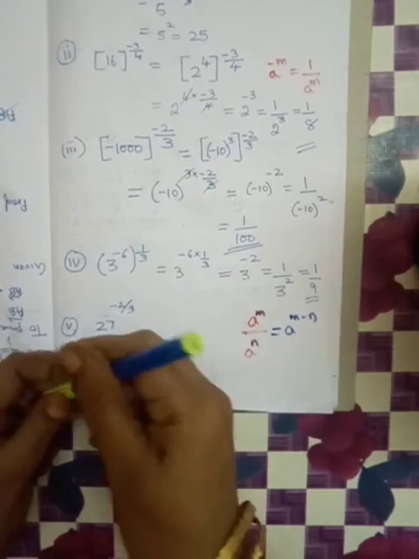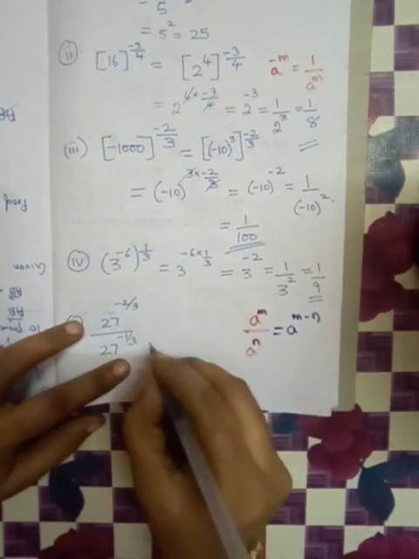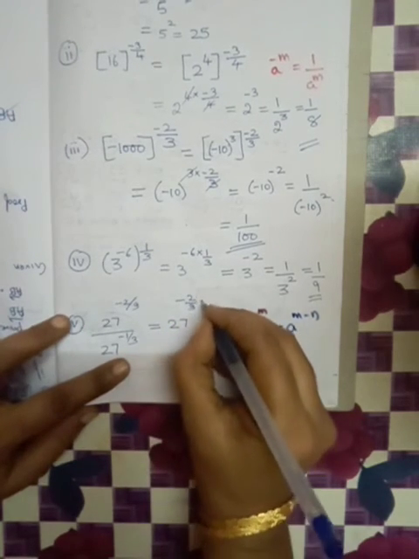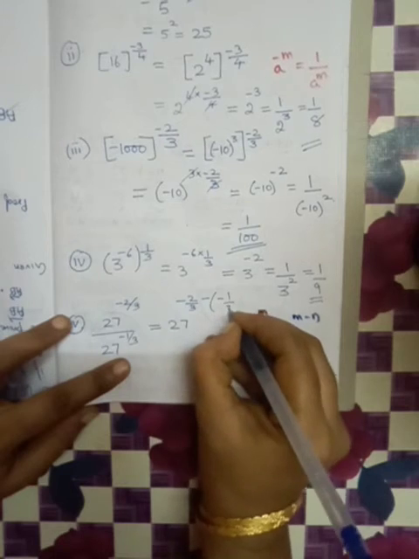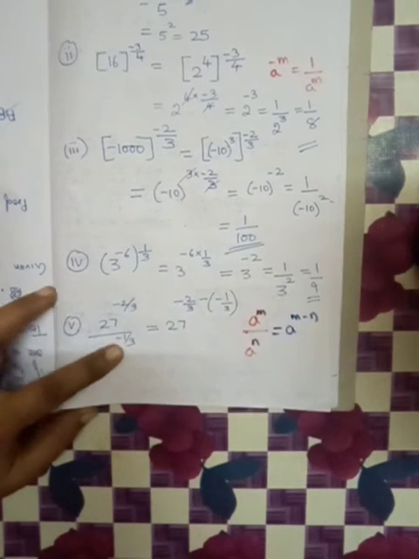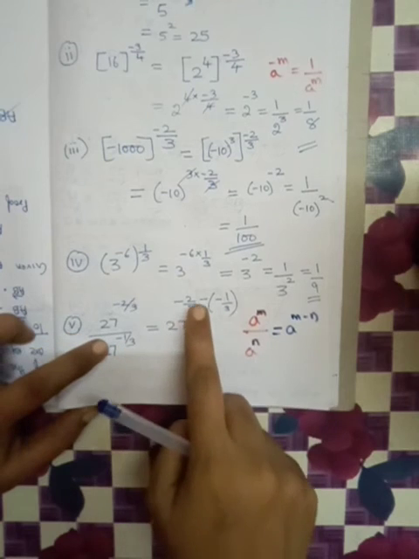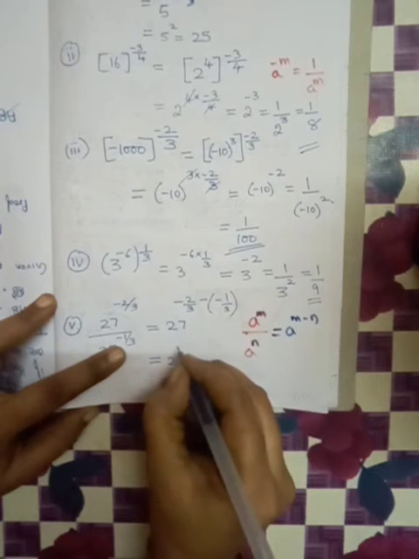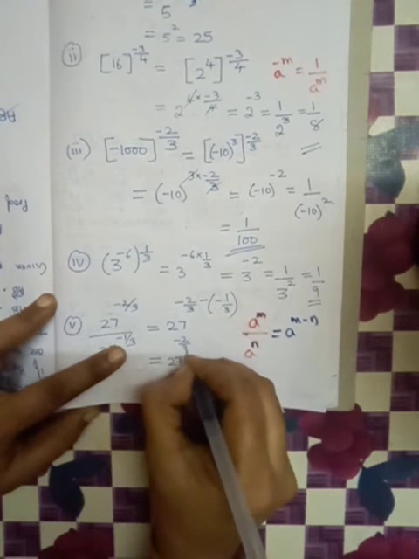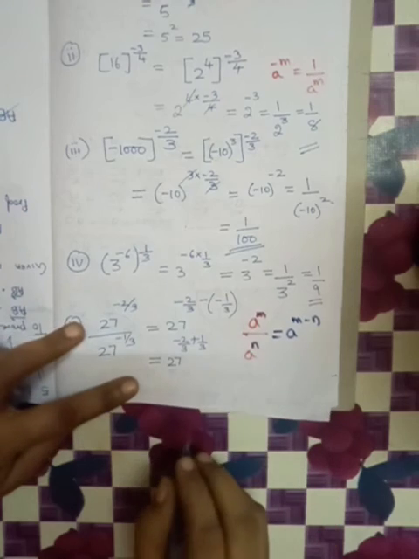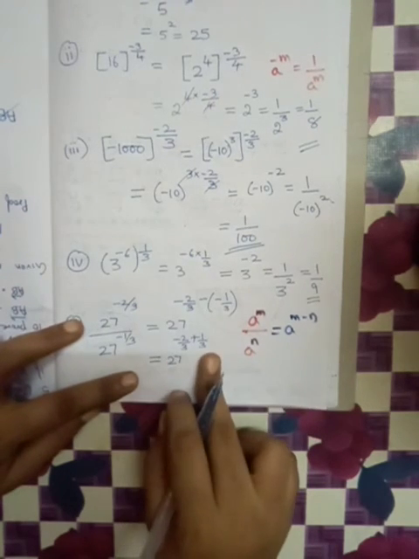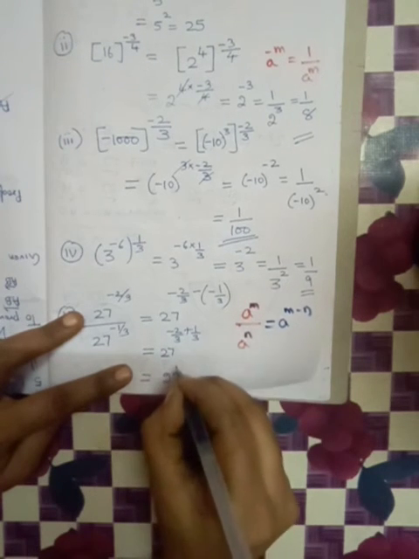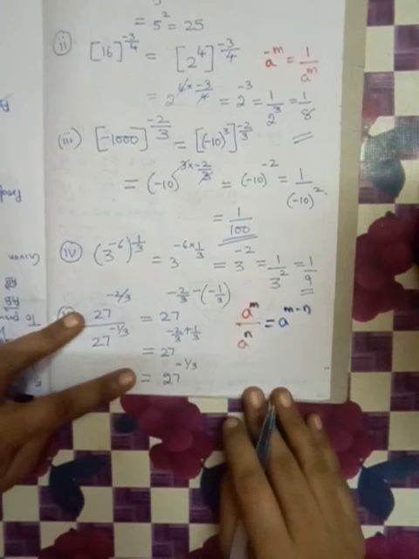Using this I can write it as 27 to the power minus 2 by 3 minus of minus 1 by 3. I have to subtract the powers, but here already I have a minus sign, so I have written it as minus of minus 1 by 3. So this I will have 27 to the power minus 2 by 3 plus 1 by 3. Minus 2 by 3 plus 1 by 3, when I do the simplification I will have 27 to the power minus 1 by 3.